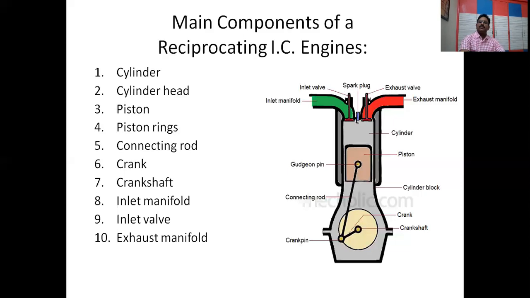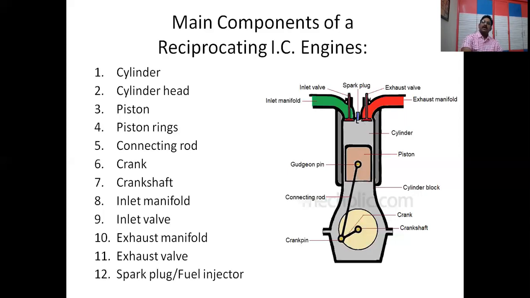And the exhaust manifold will take away the burnt gases or flue gases out of the cylinder. This is the exhaust manifold, and it is controlled by an exhaust valve. The exhaust valve is fitted to the exhaust manifold. The opening and closing of the exhaust valve will be operated by a cam mechanism, and this cam mechanism is connected to the crankshaft.